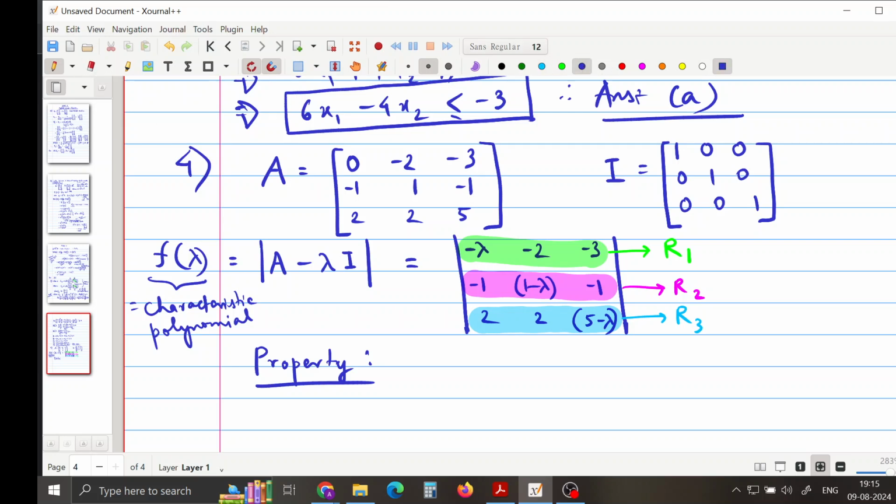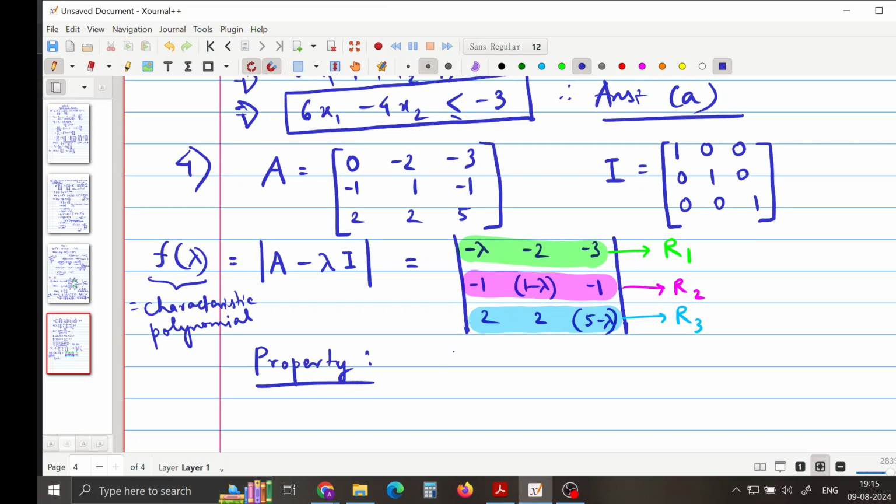All right. So one of the properties of determinants says that if you add a scalar multiple of another row to a particular row, the determinant of the matrix remains unchanged.